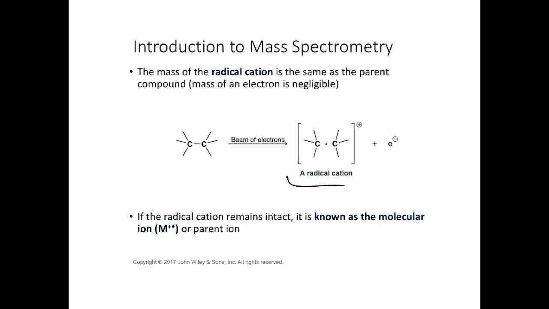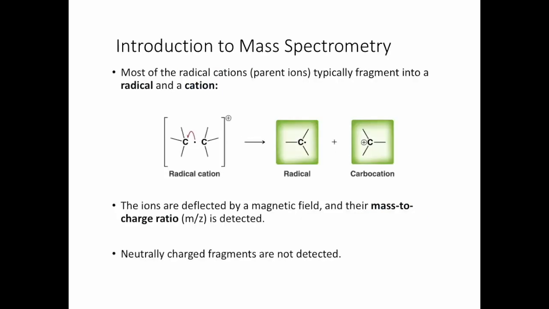If this radical cation remains intact by the time it gets to the detector, it's known as the molecular ion or the parent ion. This is really useful because if we know the molecular ion mass, we know the mass of our compound. Now, as you might imagine, a radical cation is pretty unstable, so it will typically fragment and break apart into smaller pieces.